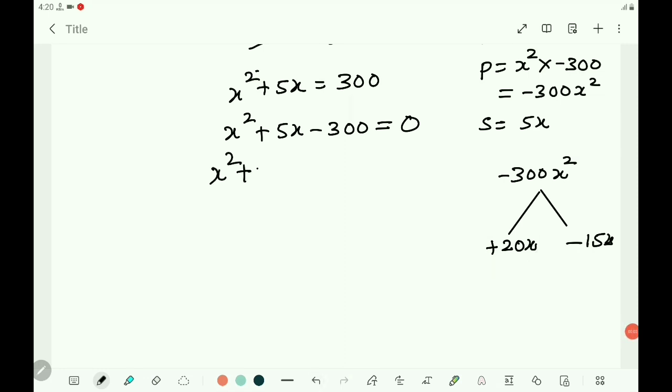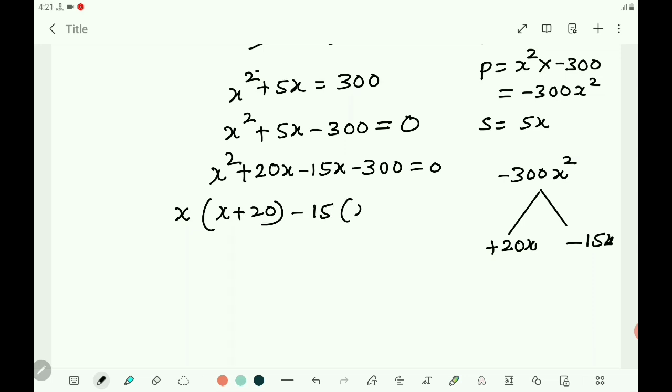x square plus 20x minus 15x minus 300 equals 0. Out of these two, take x common. X into x plus 20 minus 15 into x plus 20 equals 0. In one bracket x plus 20, in the other bracket x minus 15 equals 0.